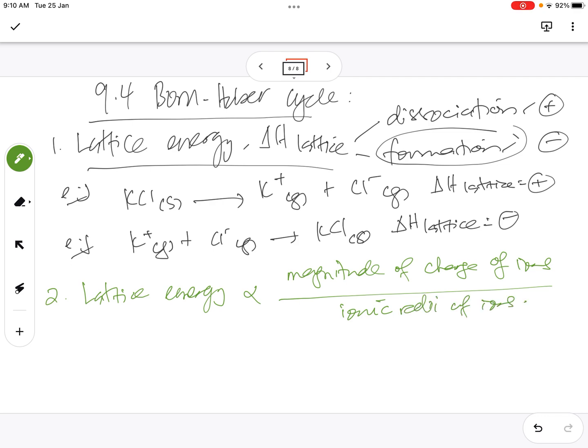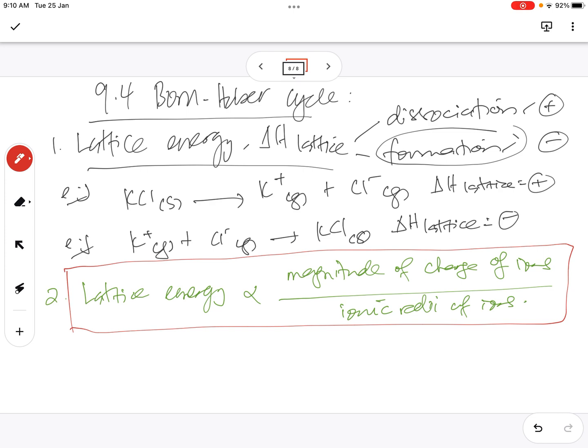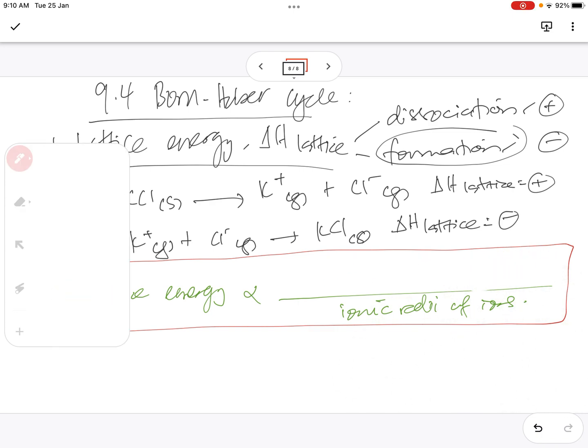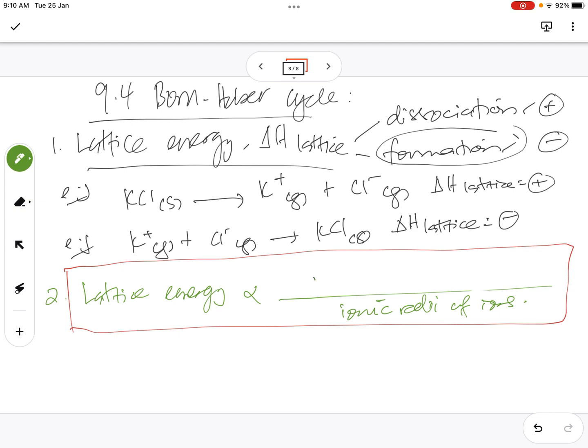We don't need to use magnitude, we just say charge. Magnitude is not suitable. So lattice energy is directly proportional to the charge of ions, inversely proportional to ionic radii.